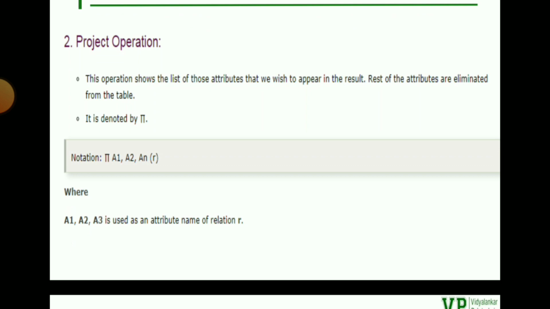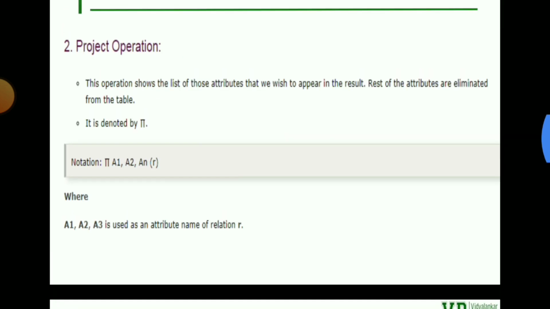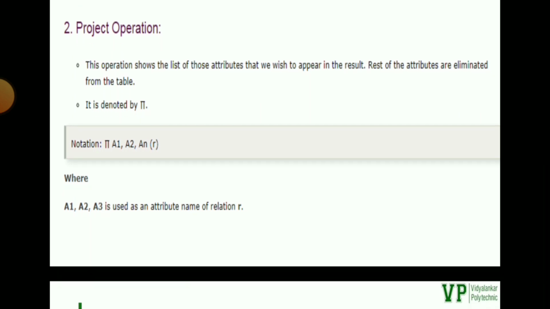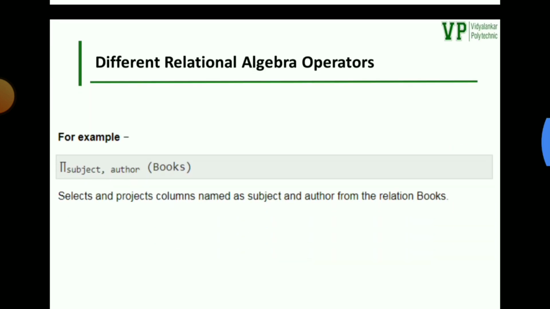It's not exactly pi, see the notation properly. So the notation is written as pi a1, a2, an of r, where a1, a2, a3 are attribute names of relation r, meaning r is a table name and a1, a2, a3 are column names. And pi is the projection operation.